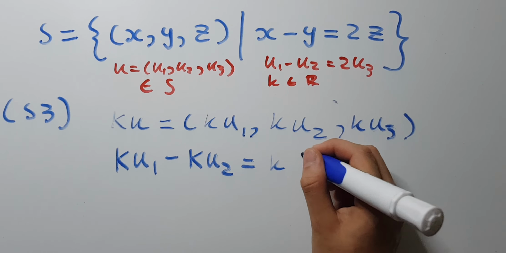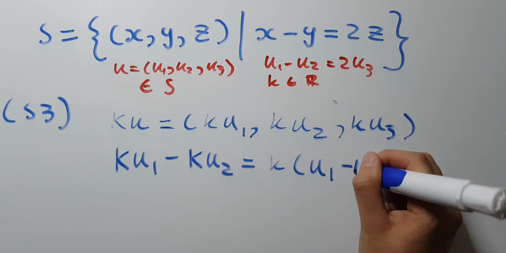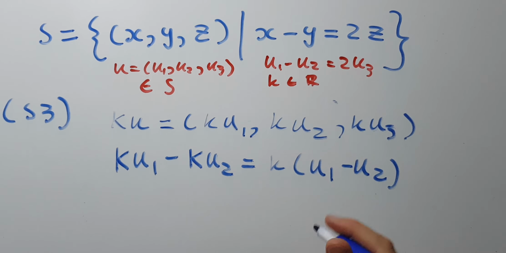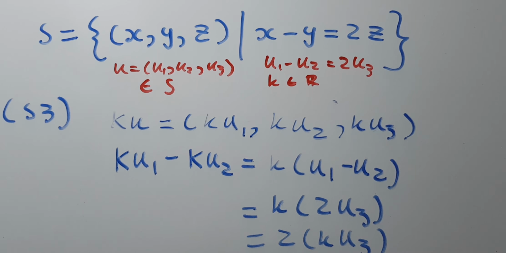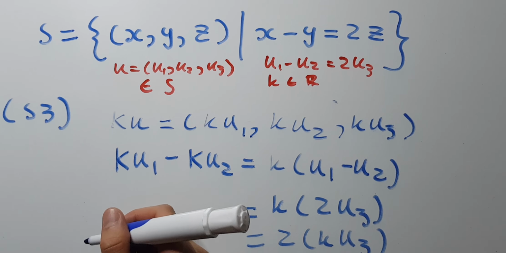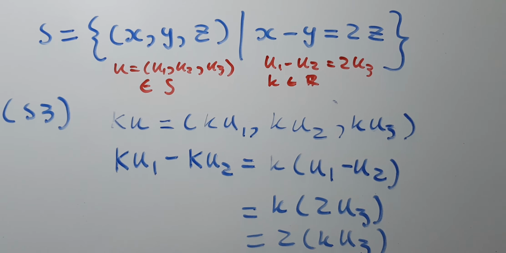So we factor k out, which is u1 minus u2, which is exactly our defining condition. We get k times 2u3. And to put 2 on the outside, you just take it out. And there you go. You have just proven that this set is in fact a subspace. And yeah, that is pretty much all you need to know.